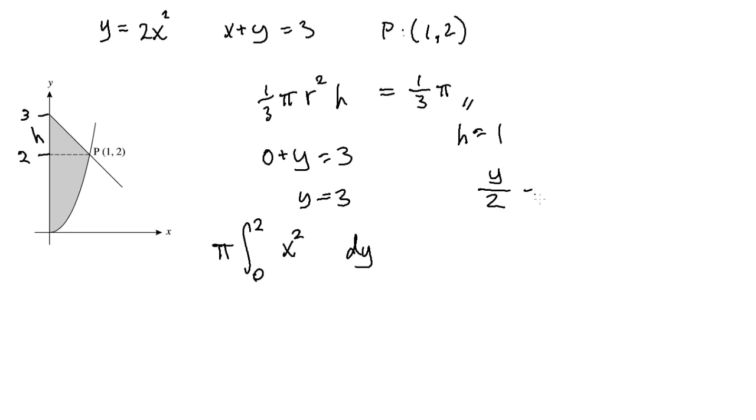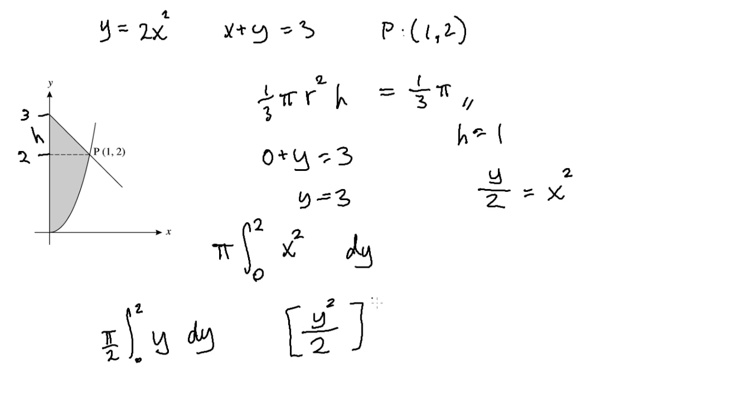So it is just a simple integration of pi over 2 times y dy, with limits 2 and 0. y integrates to y squared over 2, and we put in the limits.